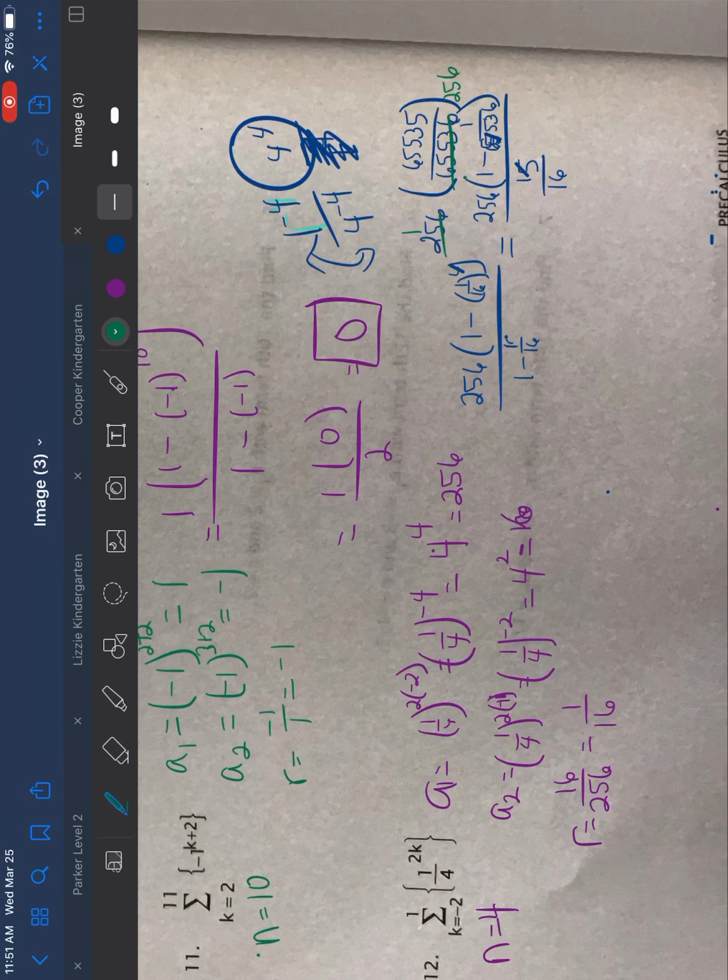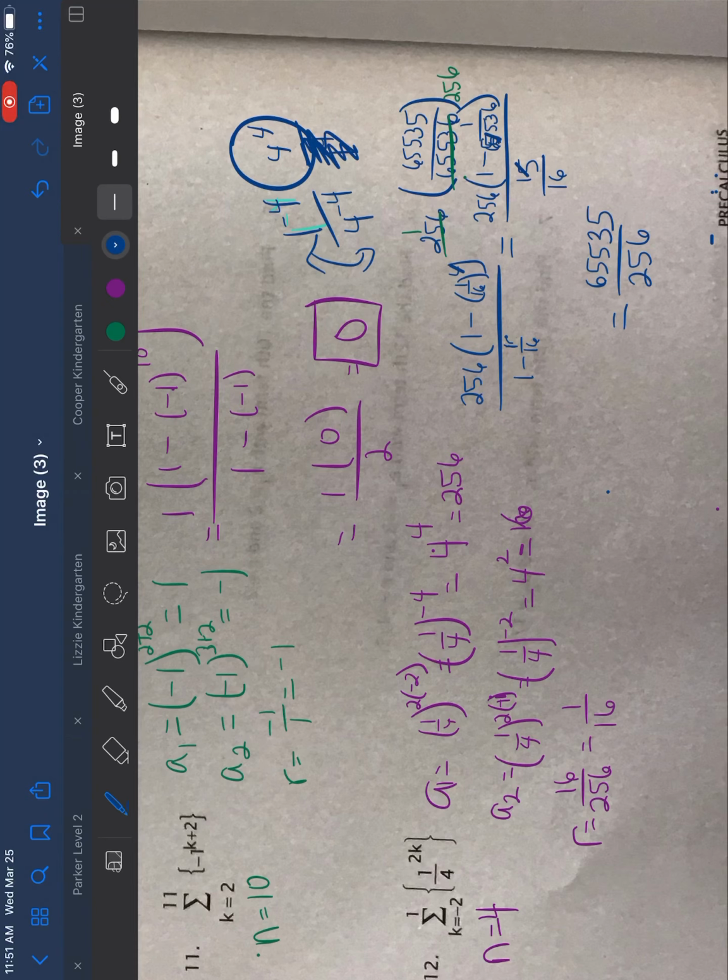So that's actually 256 squared is what the 65,000 number is. So all this mess up on top is reduced down to 65,535 over 256. That is what's left on the top.